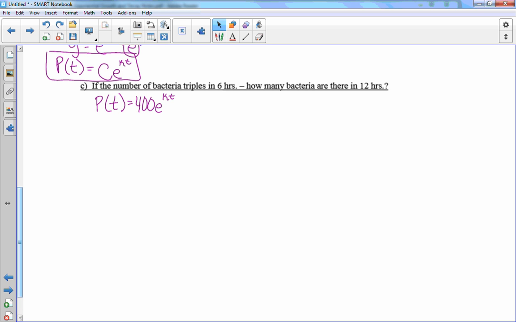I think pretty much everyone's on the same page. And initially there's 400 bacteria, and it triples after 6 hours. So after 6 hours, how much would there be?